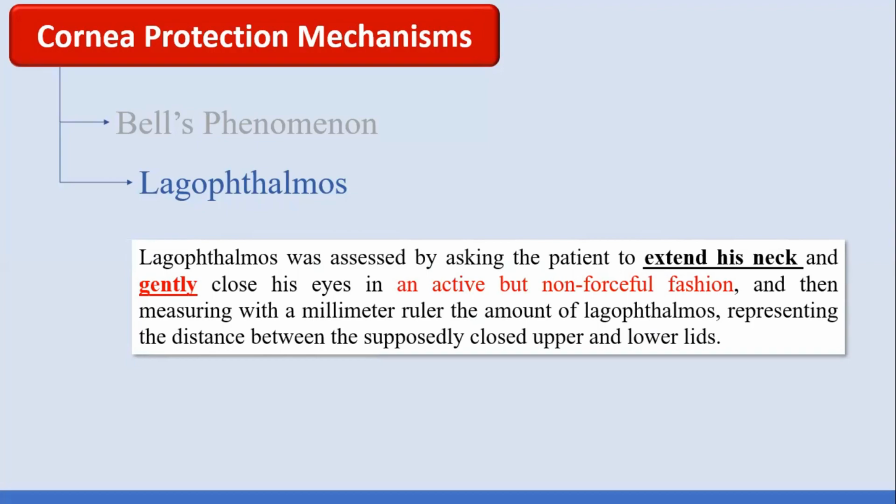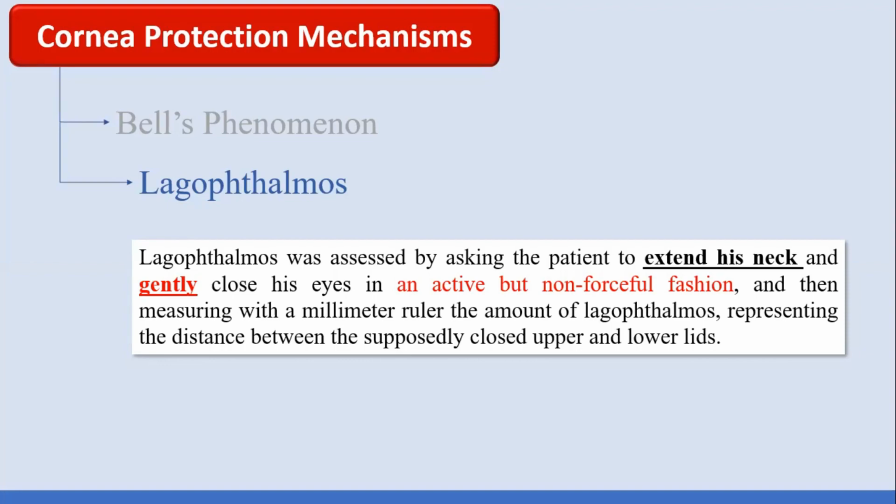Lagophthalmos was assessed in this paper by asking the patient to extend his neck and gently close their eyes, or his eyes, because in this reference he was talking about a patient. Gently is a key word and important, because if you did the test wrongly, you will get a wrong result.